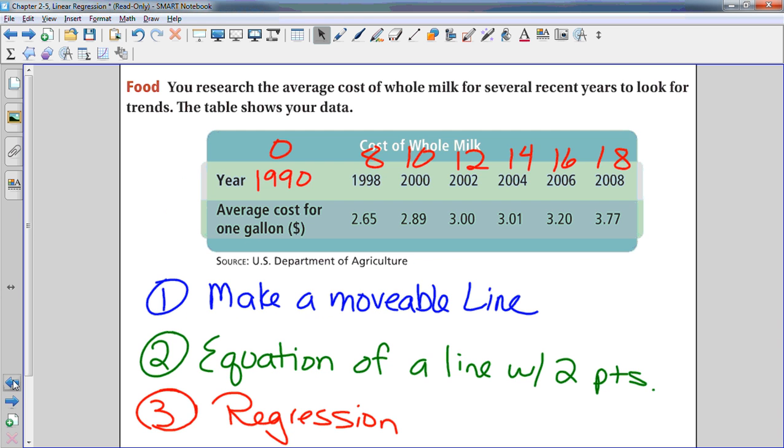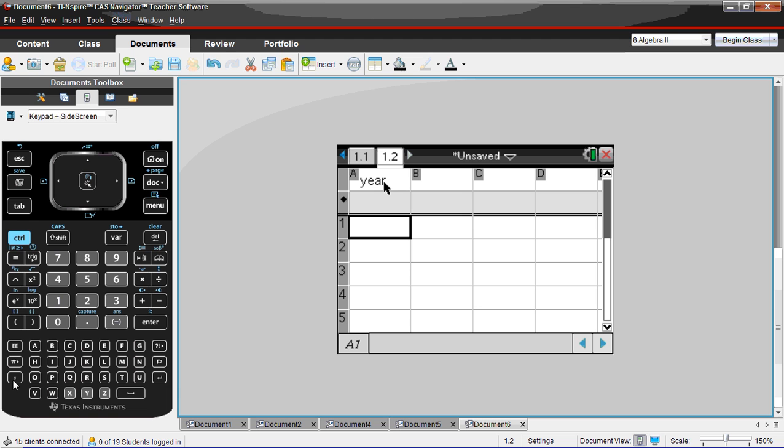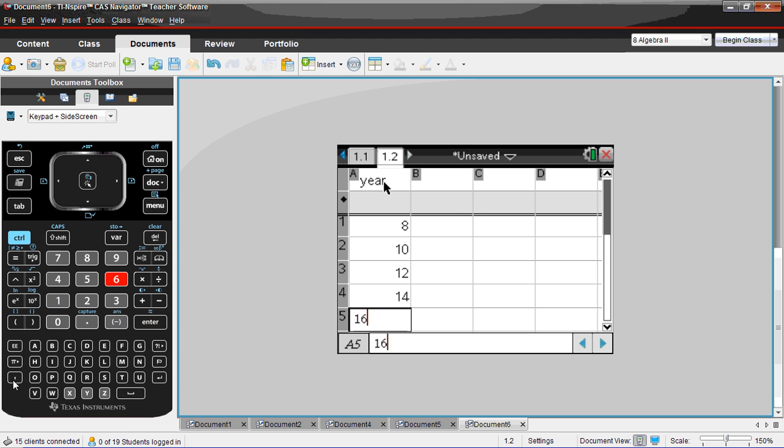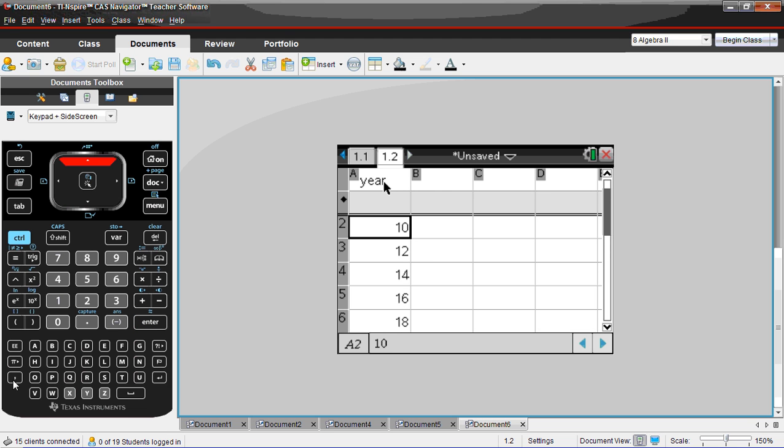Okay. So now I have my time figured out. So now I'm going to go back into my spreadsheet and I'm going to plug in my X values. Well, I had year 8, year 10, year 12, year 14, year 16, and that's as far as I want, or did I go to 18? 18? Okay, and then I had to put in the values that Y was.